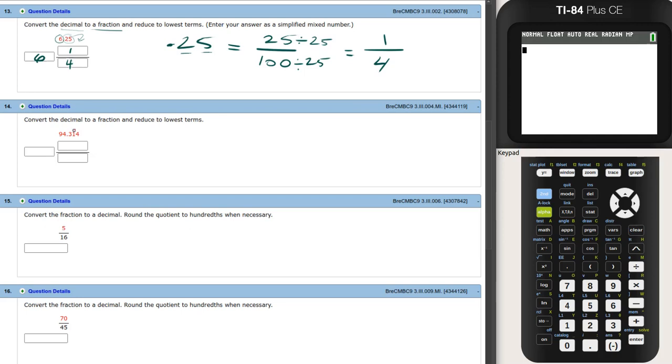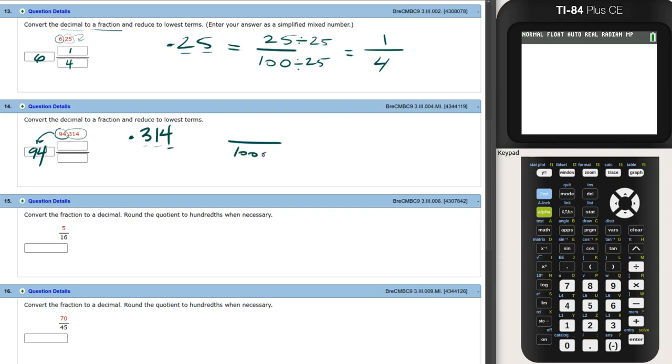So 6 1/4. And then we're going to give it another shot. We will have the same general strategy that any number in front of the decimal is just the whole number part. So this is going to be 94 and some fraction. That fraction is going to be the fractional equivalent of 0.314, which if we think about how to pronounce this number, of course the 3 is in the tenths, the 1 is in the hundredths place, and the 4 is in the thousandths place.